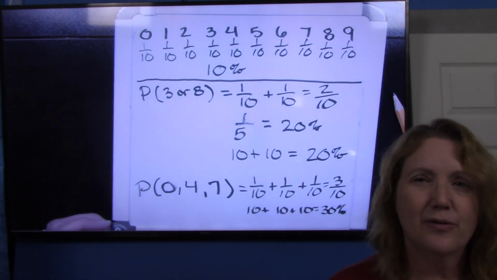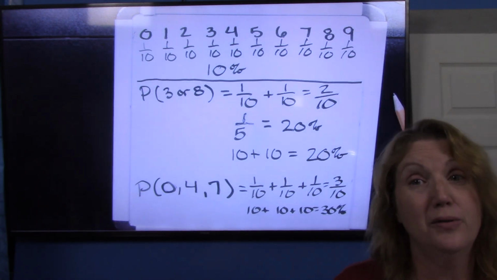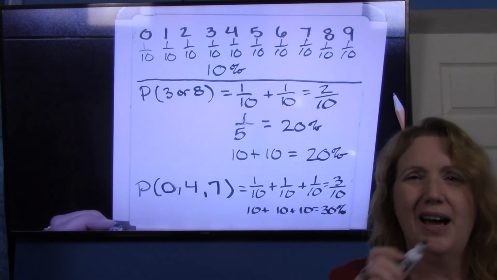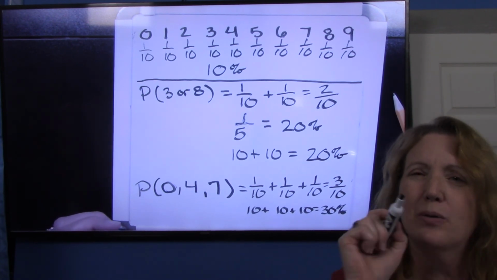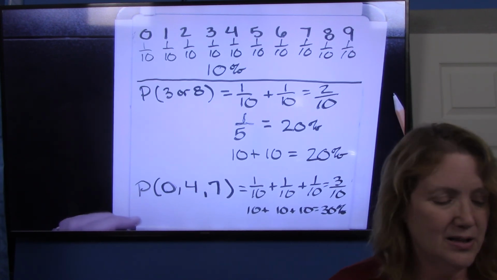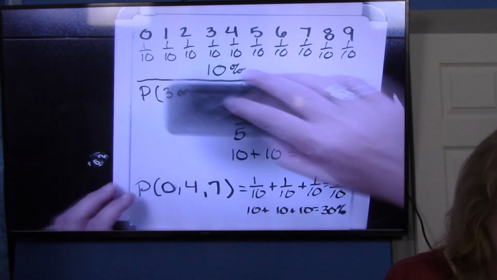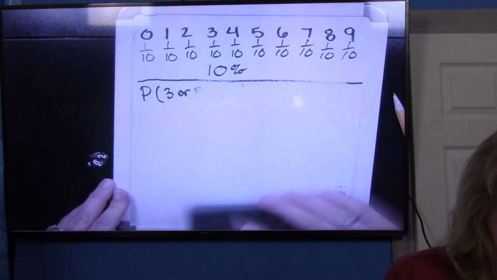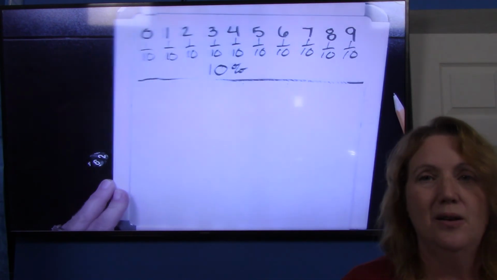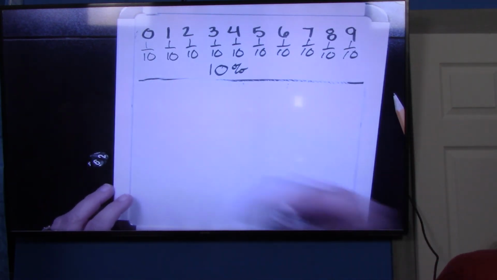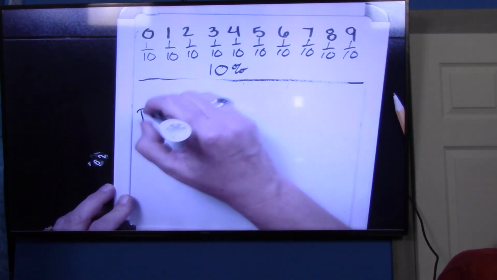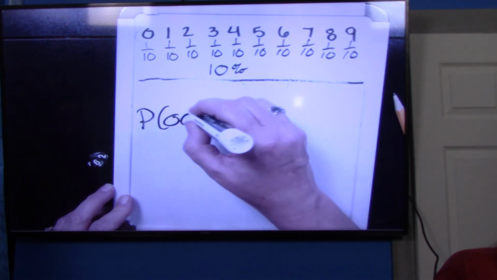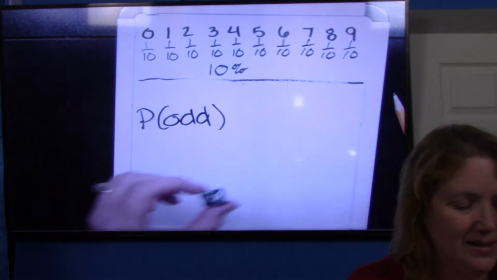One more for attendance. And if you don't know the answer, you can just put IDK for I don't know. But I really want you to try. So for your attendance question today, I'm going to ask you this. What is the probability of getting an odd number with this 10-sided die?